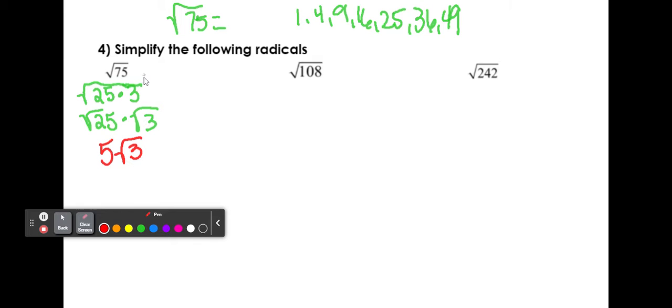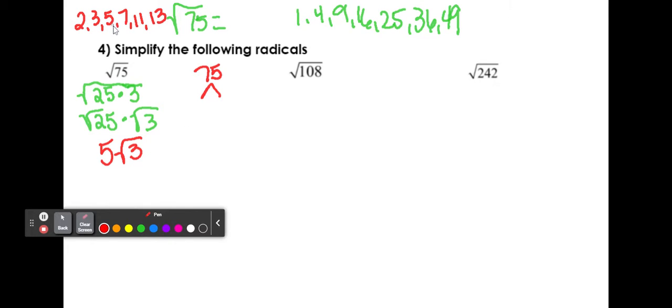The new way, I said, was to just list prime numbers and prime factor 75. So the prime factors are 2, 3, 5, 7, 11, 13, and I would divide by each of these and just prime factor this.